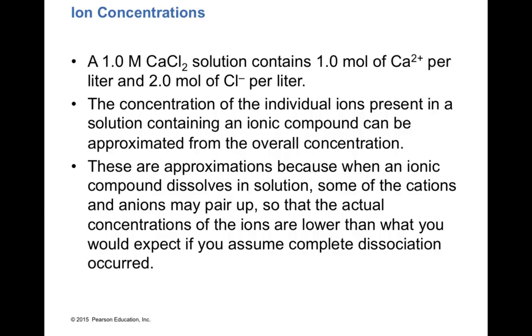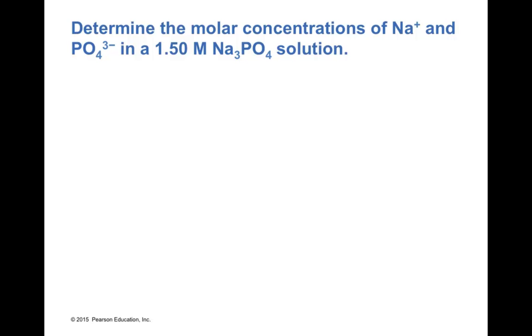So let's see an example to help you understand this concept a little more. Determine the molar concentration of sodium ions and phosphate ions in a 1.50 molarity sodium phosphate solution.